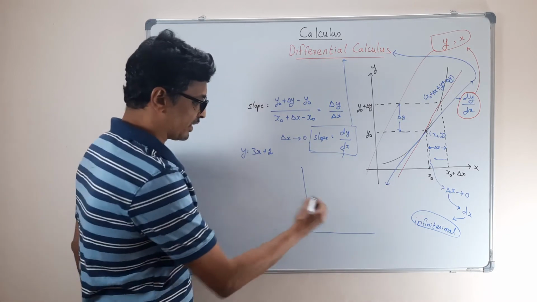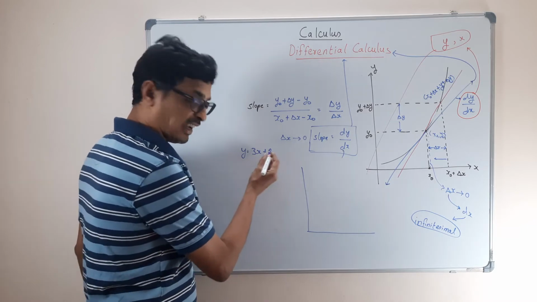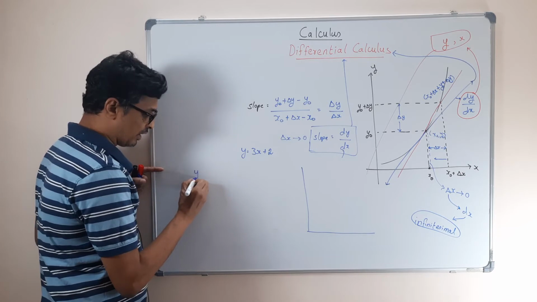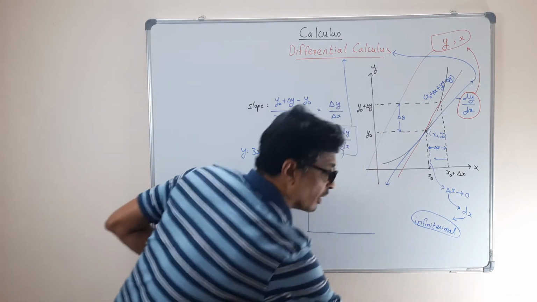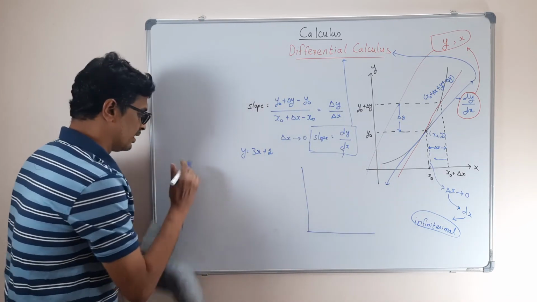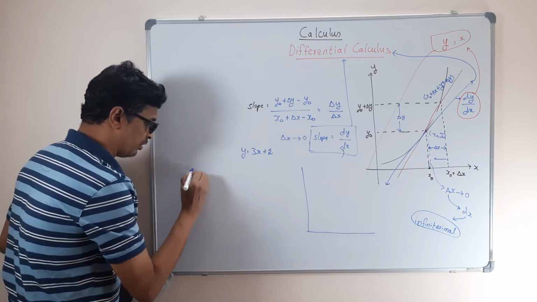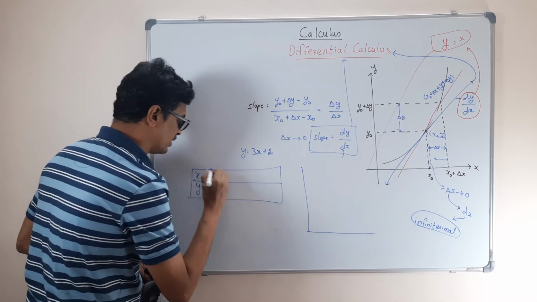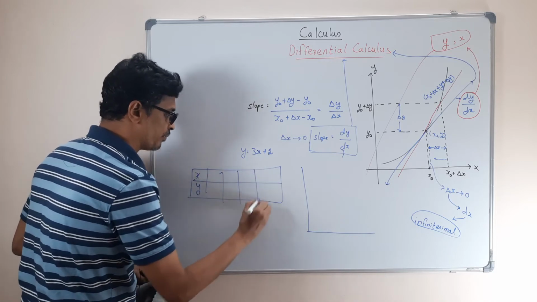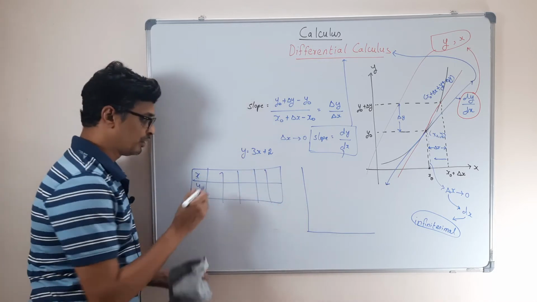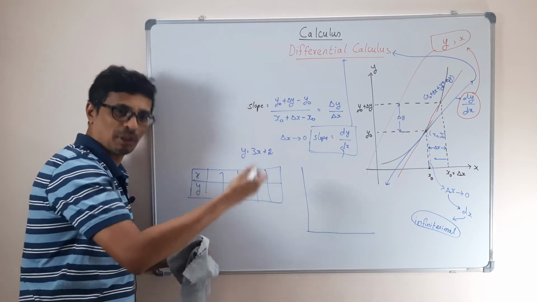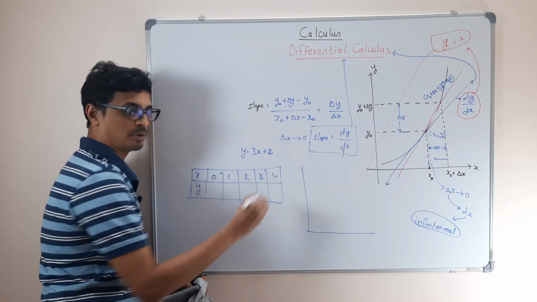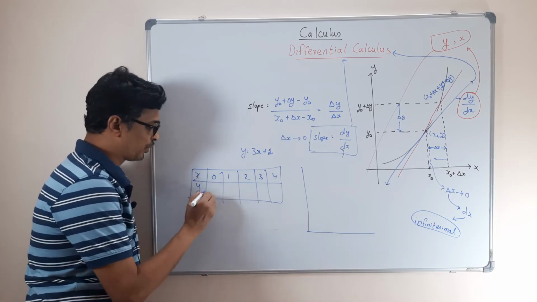So how do you do it? You take a graph, and this is a straight line, correct? In the top you write x and y, and then you make a table like this, a box like this. Basically you need 3 points. You take x as 0, 1, 2, 3, 4, and corresponding to 0 you have to find y.